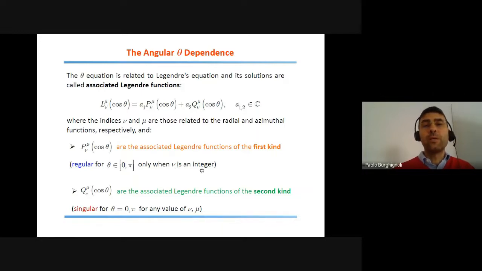Whereas the second kind, associated Legendre functions Q, are singular when theta is equal to 0 or pi for any value of the indices nu and mu.